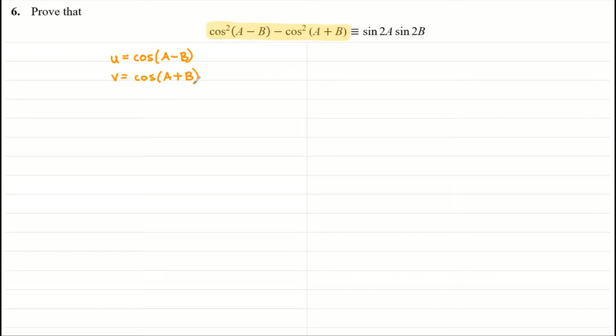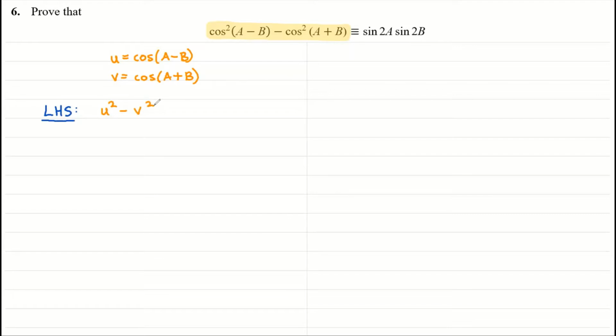And in fact, we'll start off our proof in that fashion. So on the left-hand side, and remember, I'm starting with this because it looks the most complex, okay? It looks like I can do something with this. So on the left-hand side, I have u squared subtract v squared.